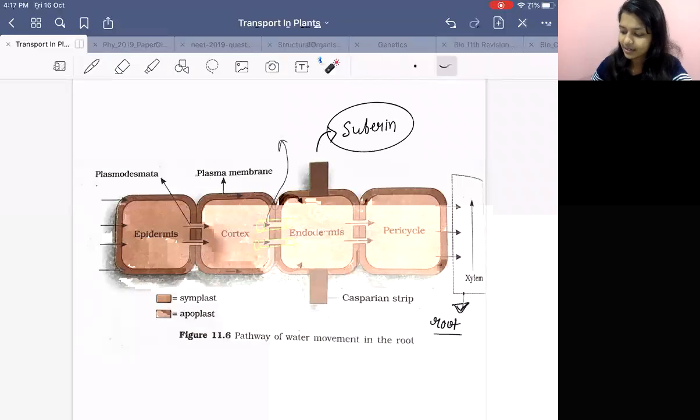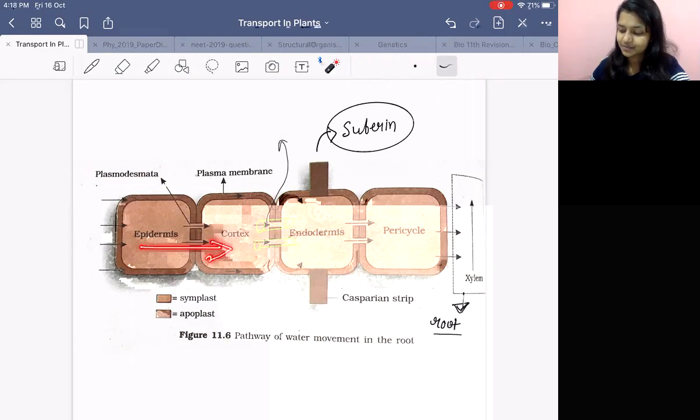Plasmodesmata. It is written here, right? Plasmodesmata, which connects the cytoplasm of two cells. So how are they going into the endodermis? They are going into the endodermis through plasmodesmata. Let's revise once again.